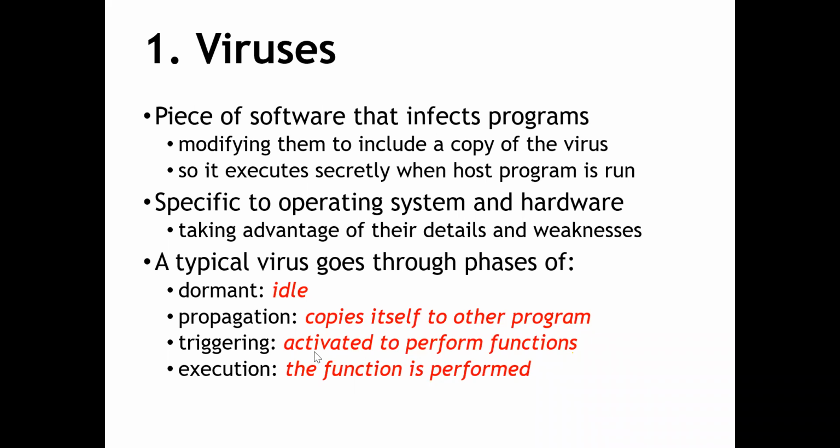Is it going to delete particular programs? Is it stealing some money? Is it removing some zeros? Is it transferring items from here to there? Is it changing marks in a database? That kind of virus will now carry out its actual function within the execution phase. So these are the 4 phases of the life cycle of a virus.